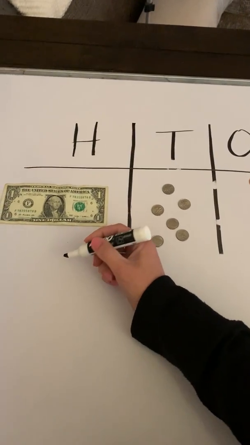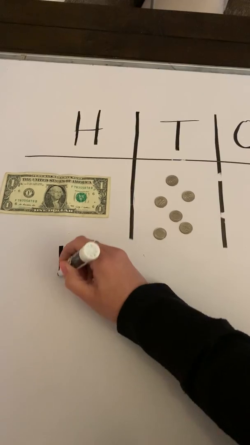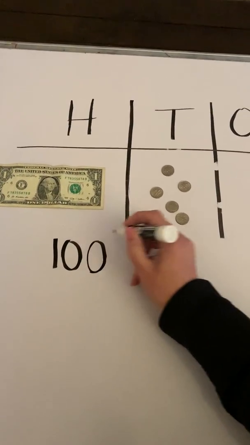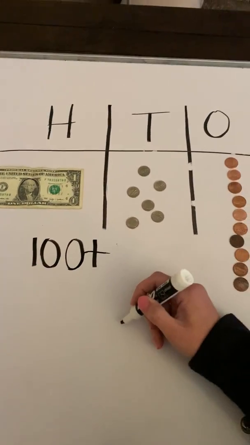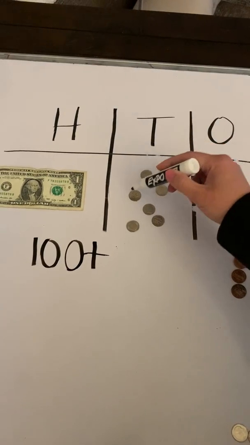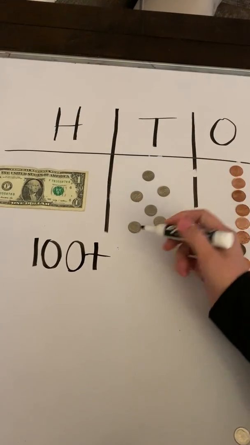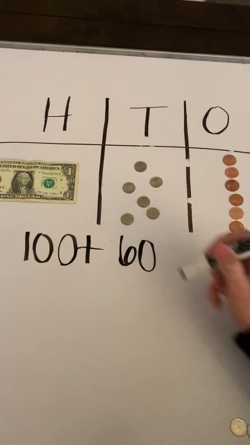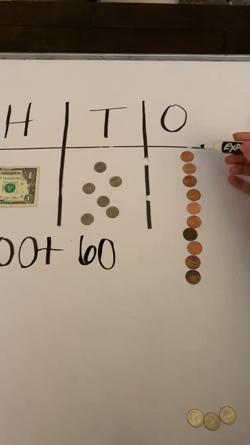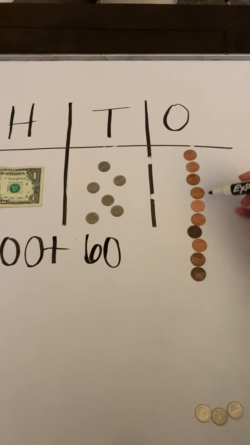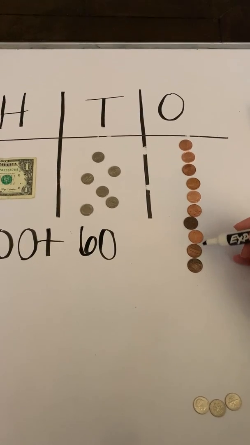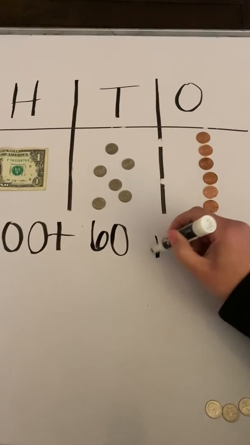What was the hundreds place? How many cents was that worth? 100 cents. Plus 10, 20, 30, 40, 50, 60 cents. Plus 1, 2, 3, 4, 5, 6, 7, 8, 9, 10. Wait a minute.